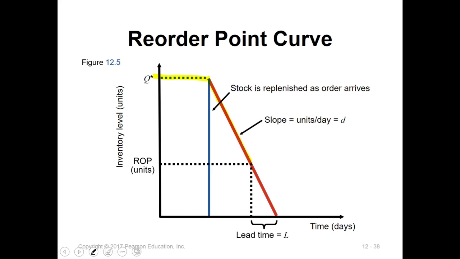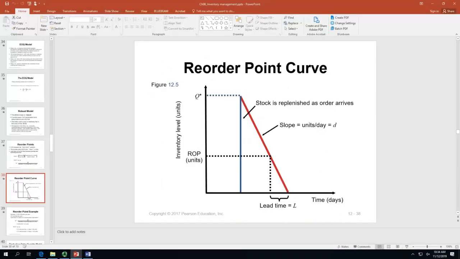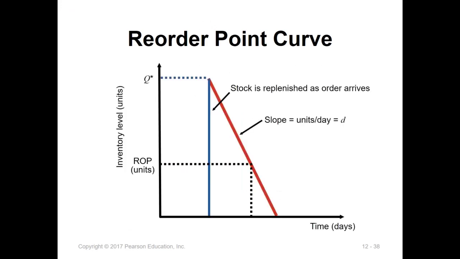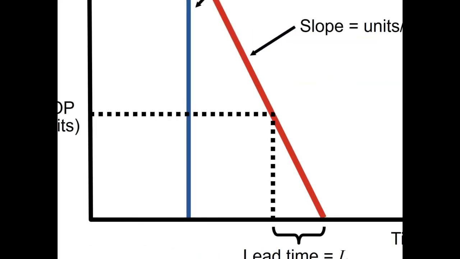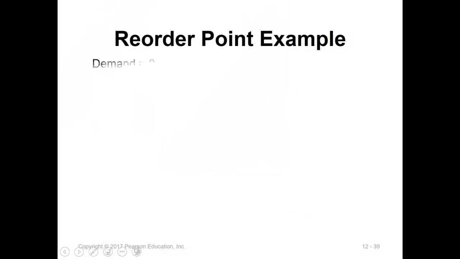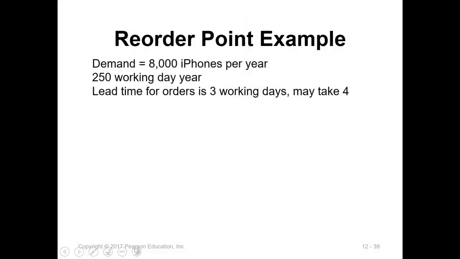Because there is a certain lead time, you don't want it to drop to 0 before you place the next order. If you wait too long to order, sometimes you will be out of stock.